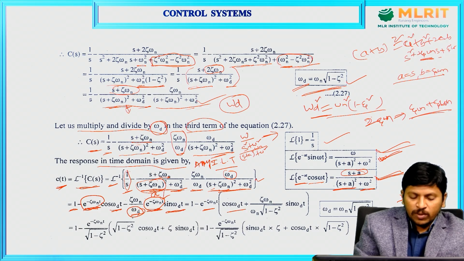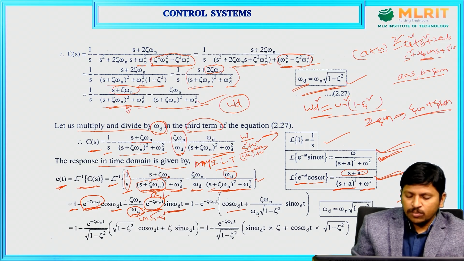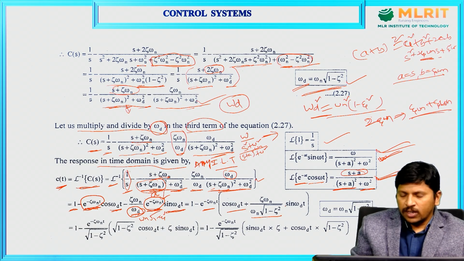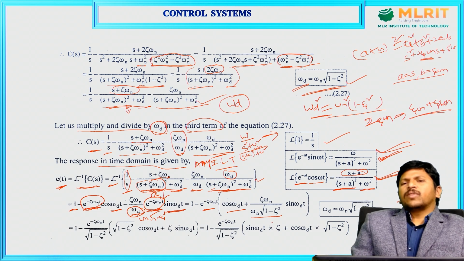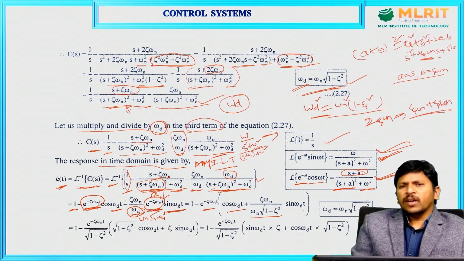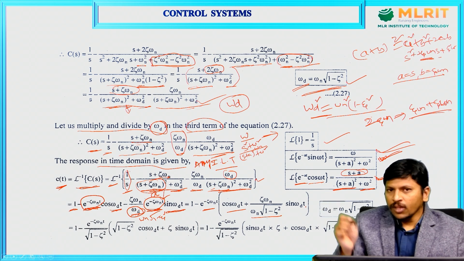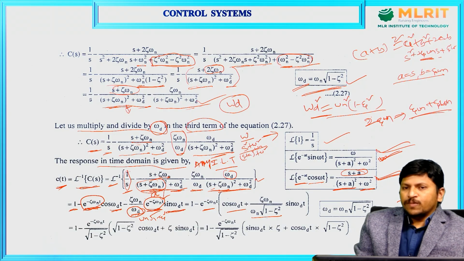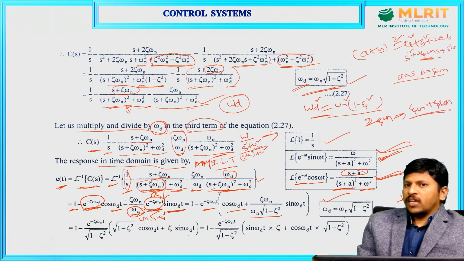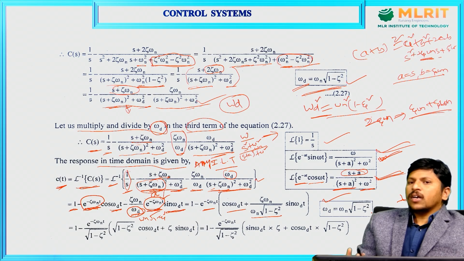We know that omega_d equals omega_n times square root of 1 minus zeta square. Just substitute that here: zeta omega_n divided by omega_n square root of 1 minus zeta square, sin omega_d t. Observe, omega_d equals omega_n square root of 1 minus zeta square.